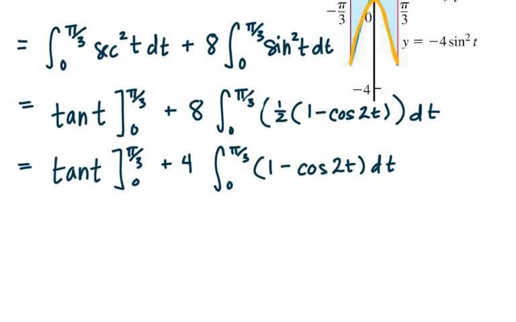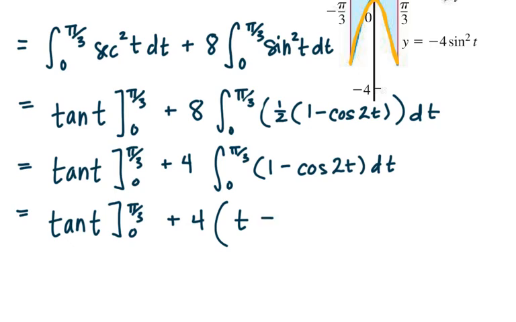So continuing, I've got tangent of t, pi over 3 to 0, plus 4. I'm going to integrate 1, that would become t. Integrating cosine, that would be sine. So I've got negative sine 2t, and because there's a 2 in there, we divide by 2.